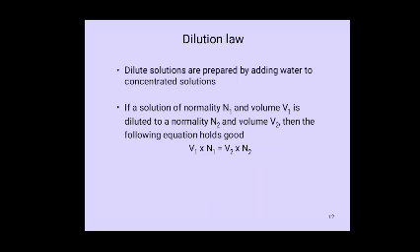Preparing dilute solutions by adding water to concentrated solution is called the dilution law. If a solution of normality N1 and volume V1 is diluted to normality N2 and volume V2, then the following equation holds good: N1 V1 is equal to N2 V2.